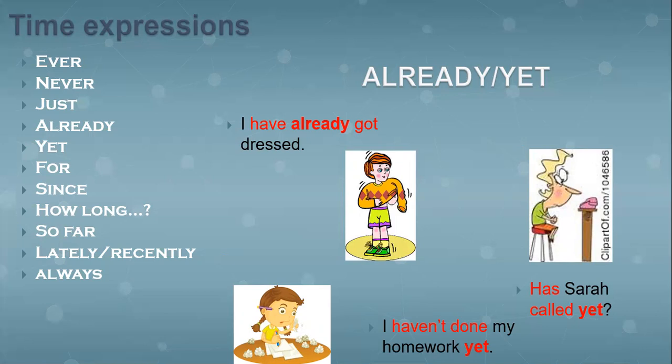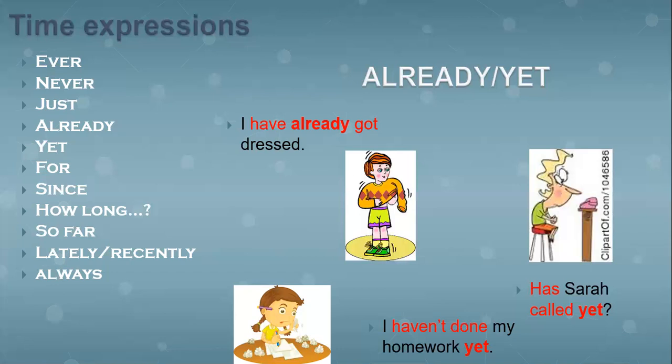But what if I want to use a positive sentence? Like my mom comes and tells me, have you studied your English lesson yet? And I want to answer with a yes. So I tell her, yes, I have finished studying my English lesson already. That means I have finished it a while ago.